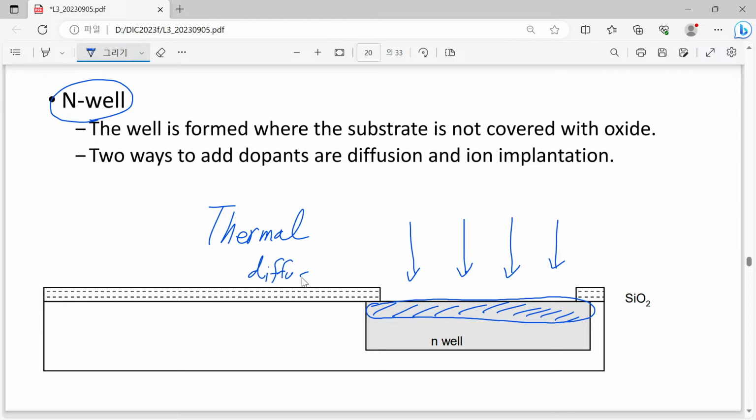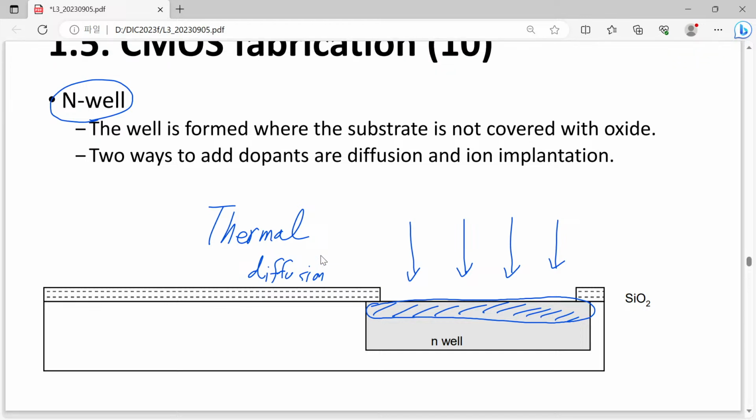Simply speaking, you just put your wafer into the furnace and bake it for a long time. Then these n-type dopants are thermally activated and diffuse over the silicon substrate.